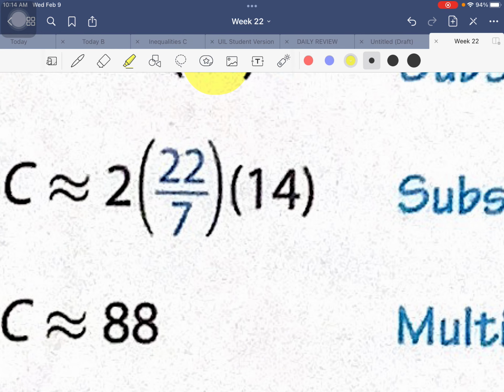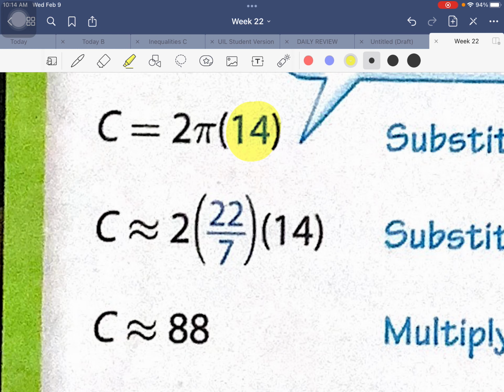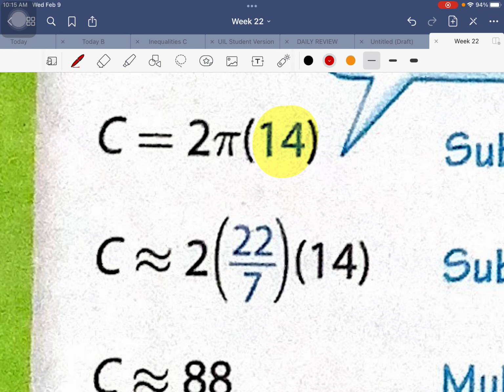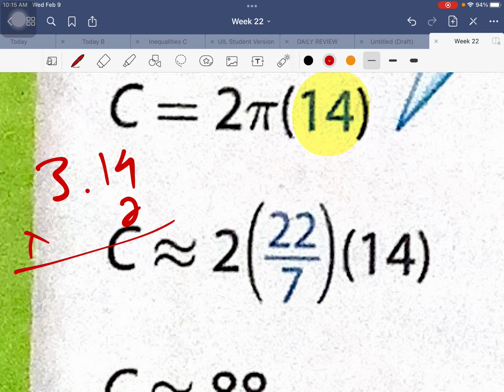Now, listen to this, guys. What is pi? 3.14. You could have multiplied it with 2. What do you get 3.14 times 2? If there's no Wi-Fi, guys, you're going to do the work. Okay.